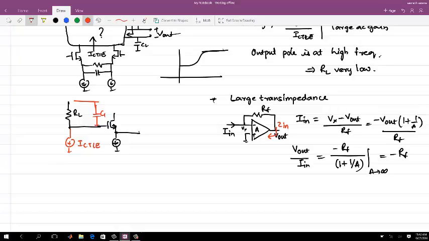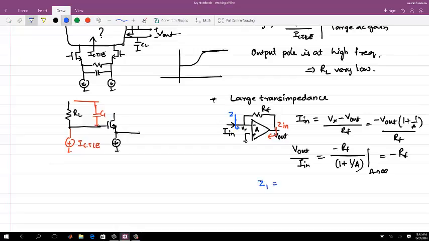I do not care about the input impedance of this thing because I have the current, which is a high pass current. I want a gain from current to the output. That means input impedance will also be low, as you said, this will be RF divided by the gain. So let me write the input impedance as Z1.